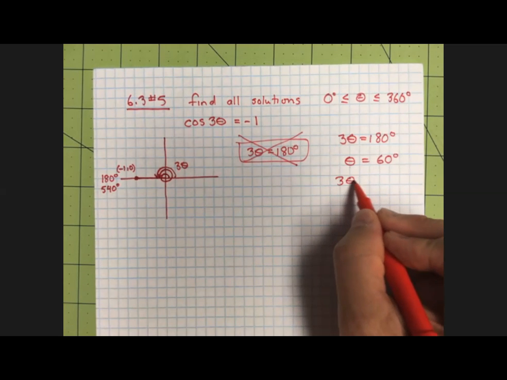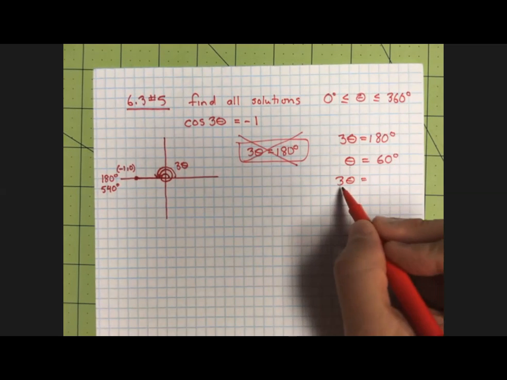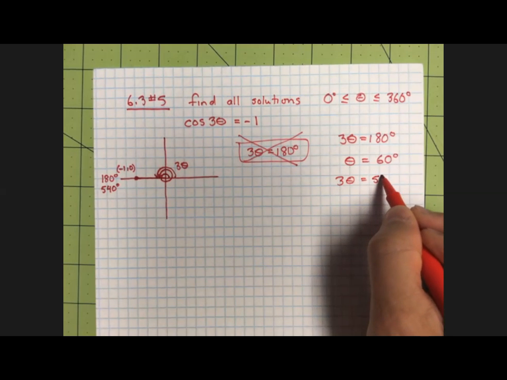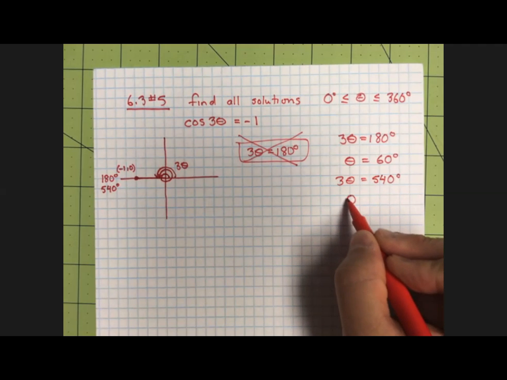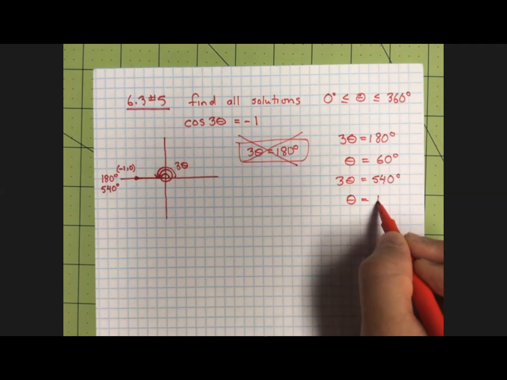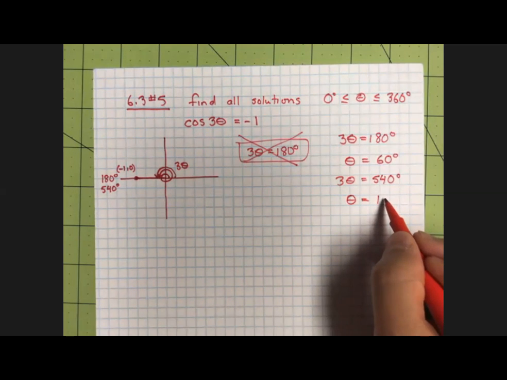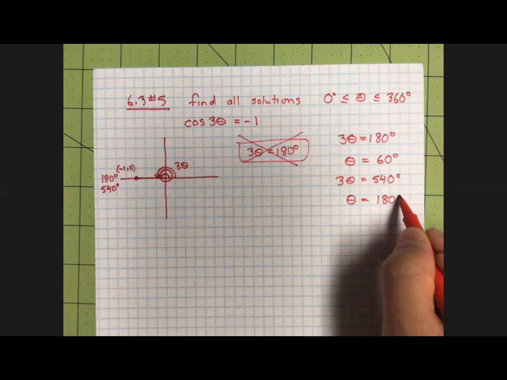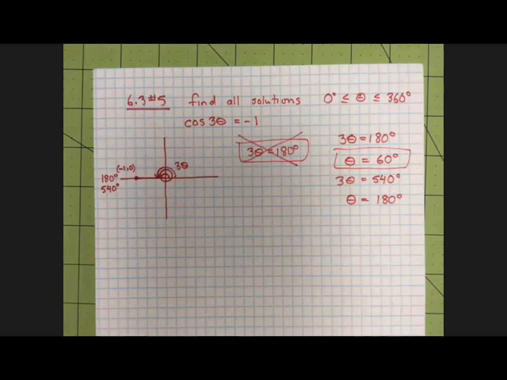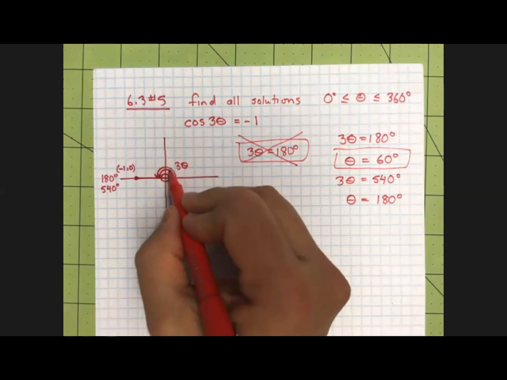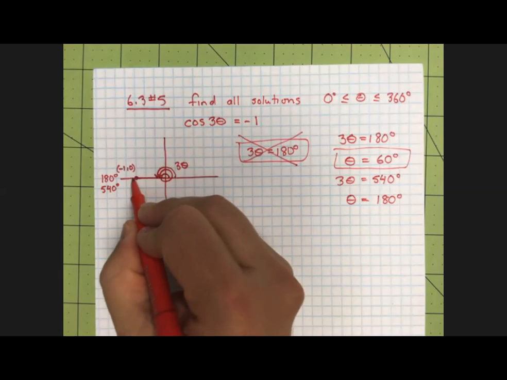So is that a legitimate answer? What happens if 3 theta is 540? Well, I divide both sides by 3. So I get theta is 180. So I get 2 answers right now. I got 60 degrees. I got 180 degrees.